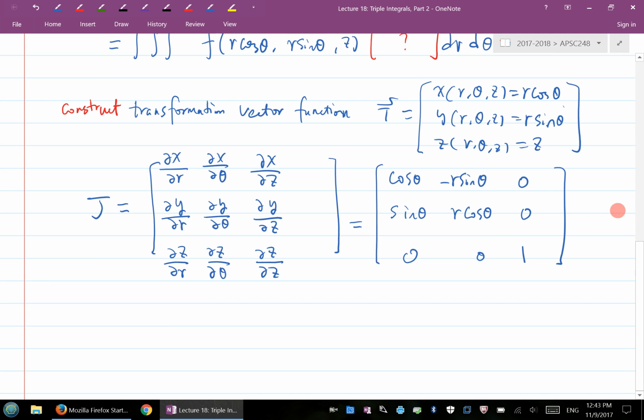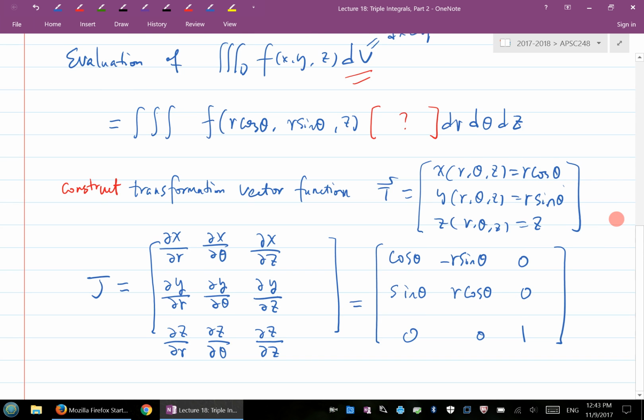Okay, so then, as we know from a previous lecture, this question mark here basically is equal to the determinant of this Jacobian matrix, and then you can add an absolute value to that result. Okay, so that's going to be the question mark, the scaling factor here.